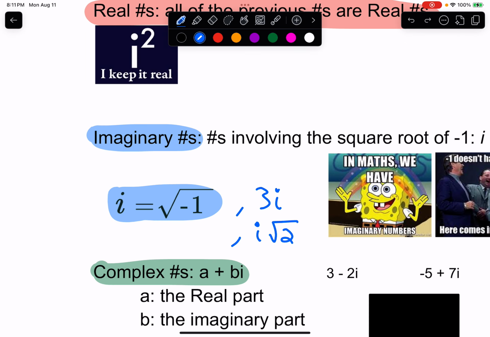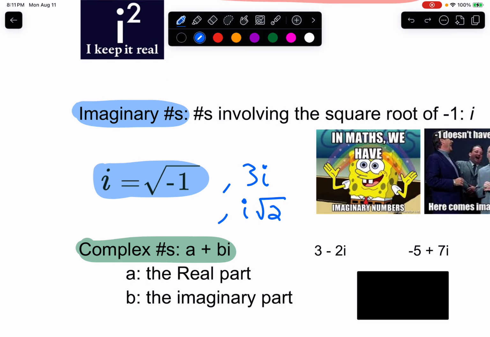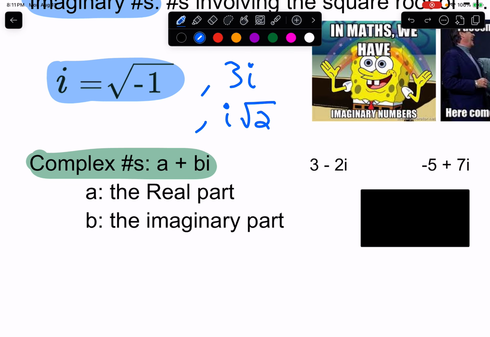Okay, so we have these imaginary numbers, which are kind of the counterpart to real numbers. But then real and imaginary, both of these fall into a larger category called complex numbers. A complex number is the sum or difference of a real number and an imaginary number. So something like 3 minus 2i is a complex number.